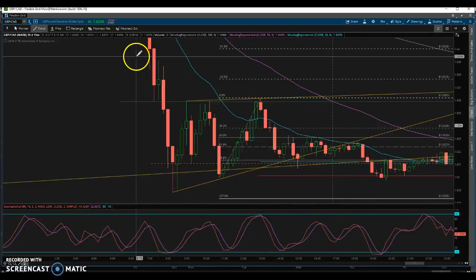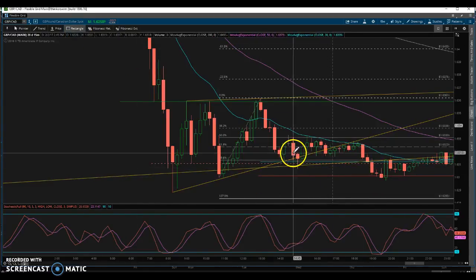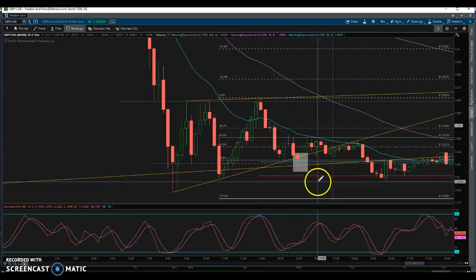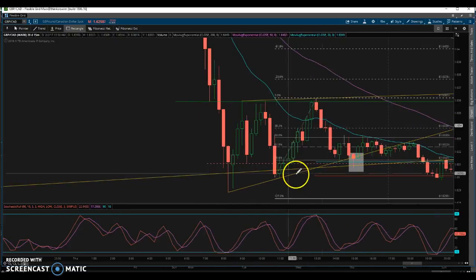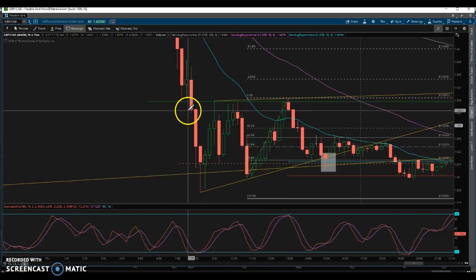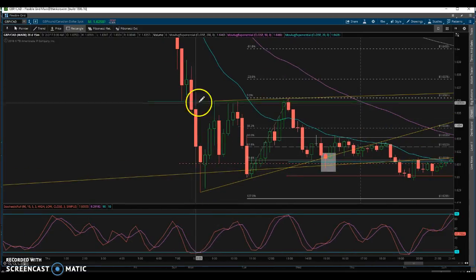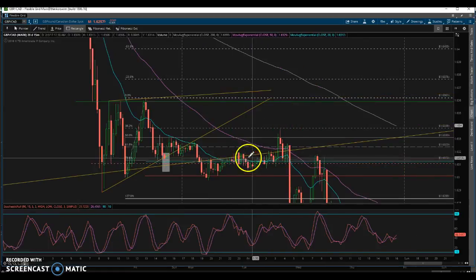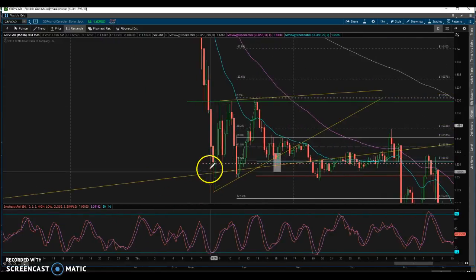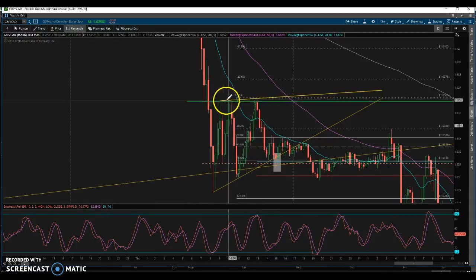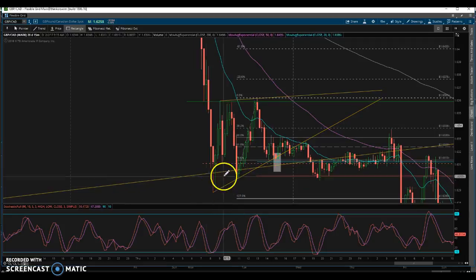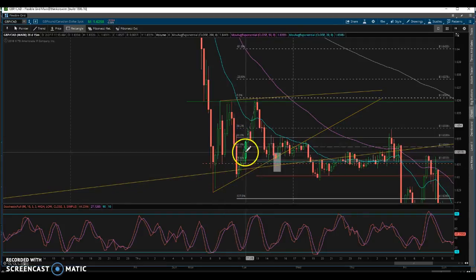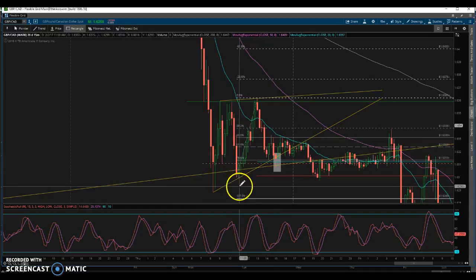But so this was my entry right here. That candle there, a nice little reversal type candle as well. I drew in this little additional triangular structure here. We were doing essentially a flat top with higher lows on it, and I got in on the third low.